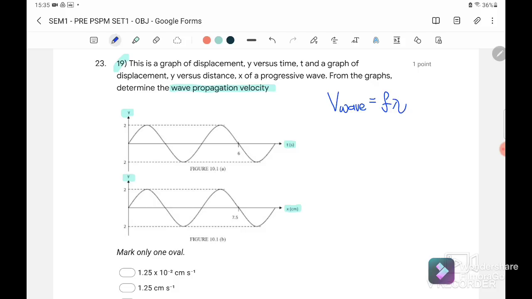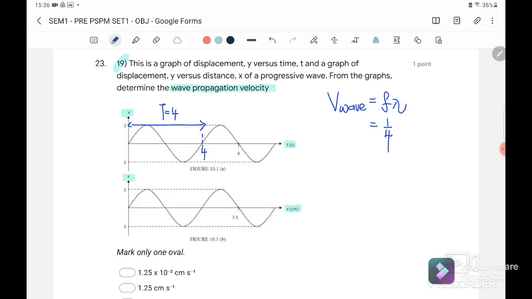Since the first graph is y versus t, the period here is equal to 4, for one complete oscillation. Since T is equal to 4, the frequency will be 1 over 4.